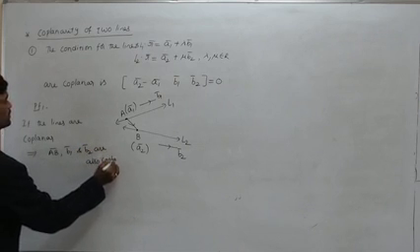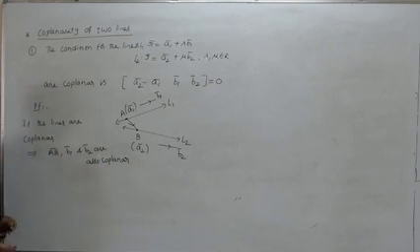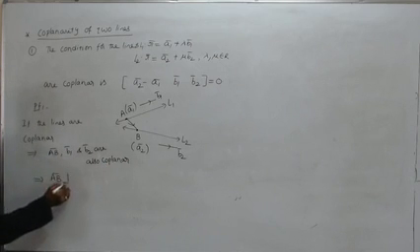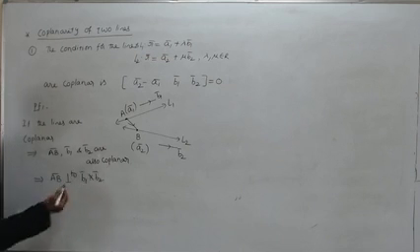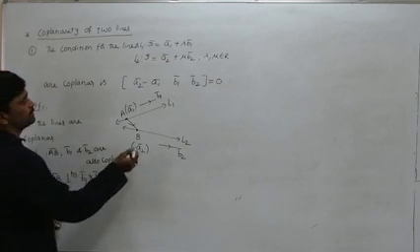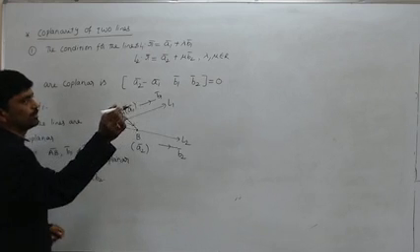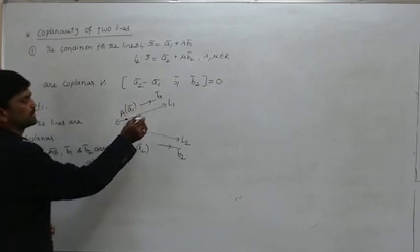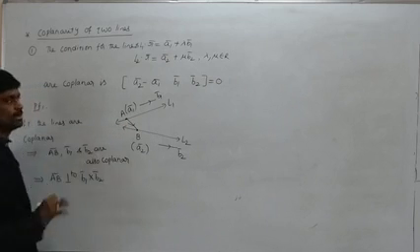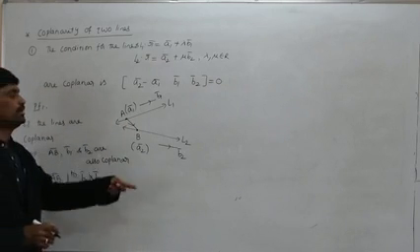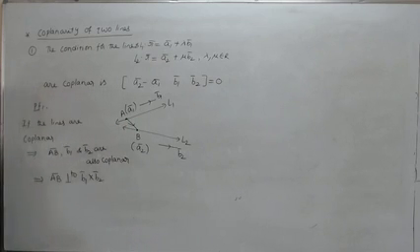Am I correct? So as they are coplanar, the vector AB bar is perpendicular to the vector b1 bar cross b2 bar, because b1 bar cross b2 bar is a vector perpendicular to the plane. As it is perpendicular to the plane, every vector in the plane is perpendicular to that vector. So particularly this AB vector is also perpendicular to b1 cross b2.